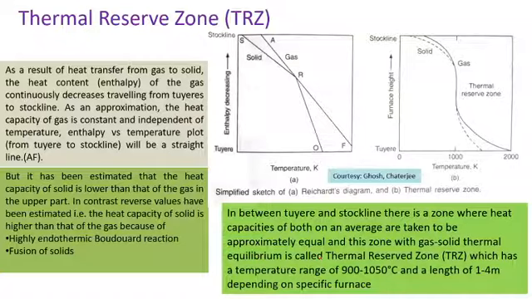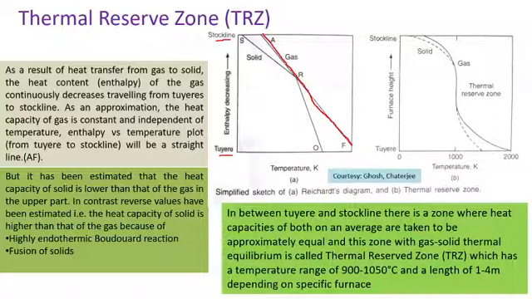Therefore the heat content, that is the enthalpy of the gas, continuously decreases from the tuyeres to the stock line. This line is for the gas. When it comes from the tuyere to the stock line, the temperature decreases.